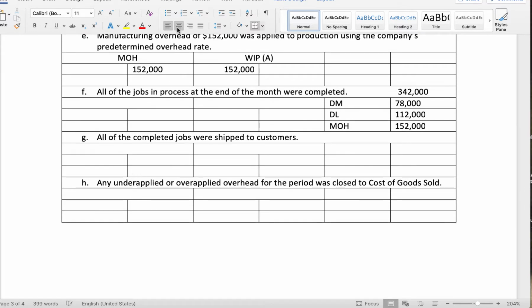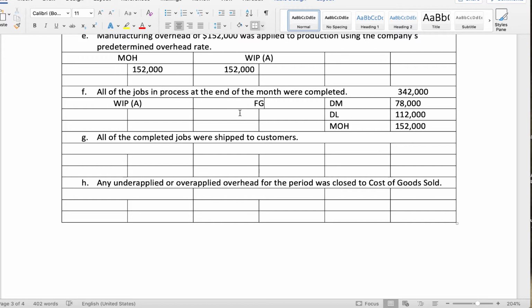So what do I do? Well, I know my WIP account, which is an asset, and by the way, spoiler alert, pretty much all of these are asset accounts, needs to be moved to the finished goods account. I'm just going to abbreviate it as FG for finished goods. How do I get it out of WIP and into finished goods?